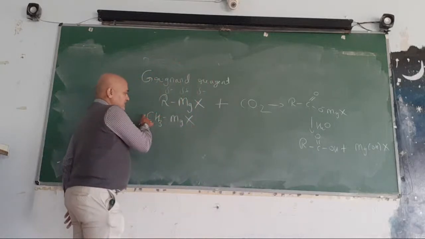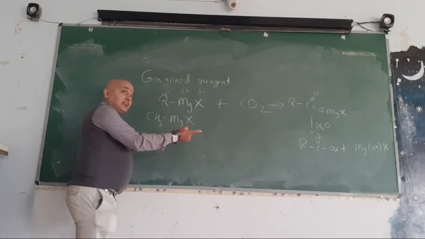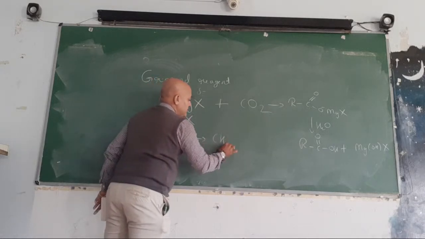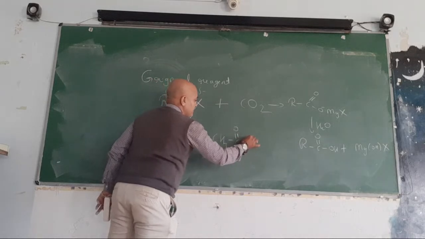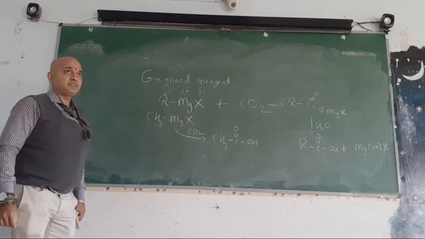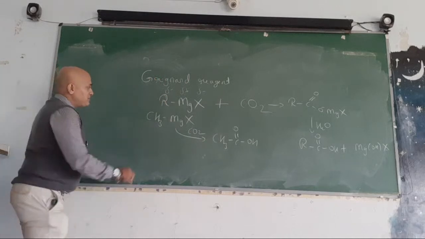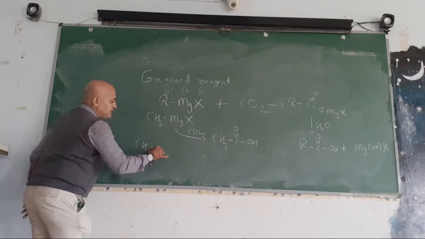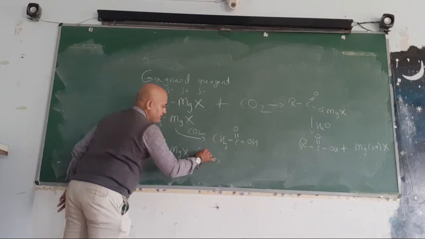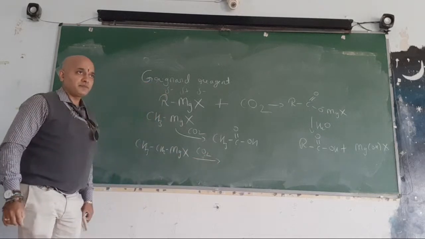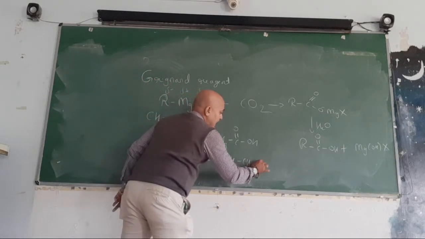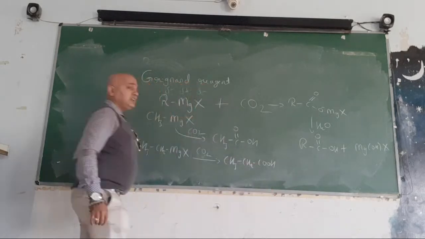Whenever we use a methyl group, the product will be ethanoic acid, not methanoic acid, because we are treating it with carbon dioxide. If I start with ethyl magnesium halide, then the product will be propanoic acid. Very good. So what can you observe here?